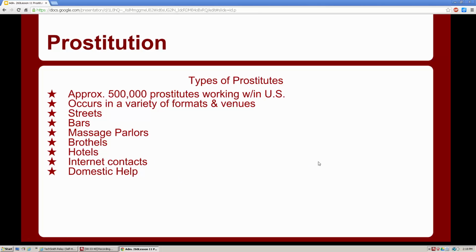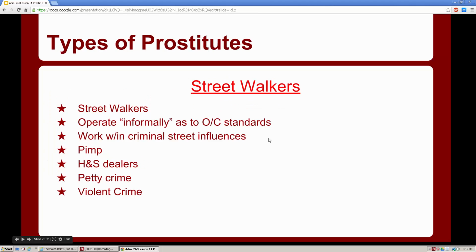People come from other countries under the pretense they're getting hired as a maid or domestic help at a house, and it ends up they're forced into prostitution. So domestic help is a big thing, but that sometimes can lead to prostitution. But these are normally the areas that you're going to find prostitutes working out of.